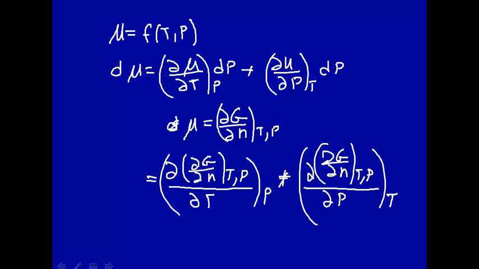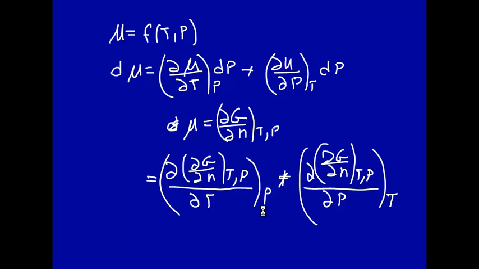All right, now look at this. This is G. We're taking the derivative first with N and then with T, but G is a state function, so it doesn't matter whether we take it first with N and then T or with T and N. And the same way over here.